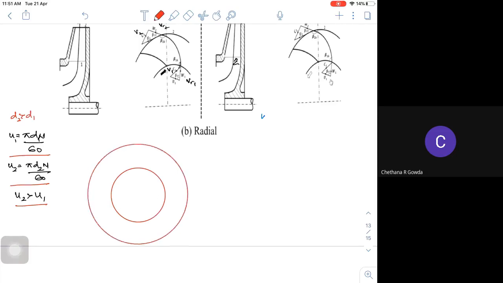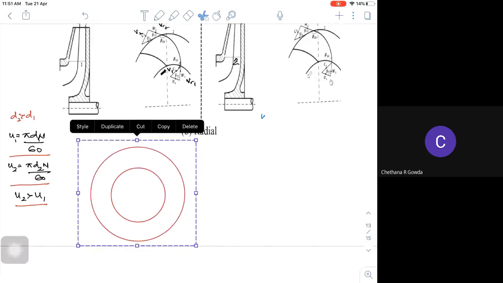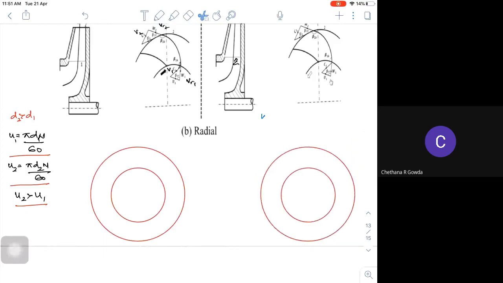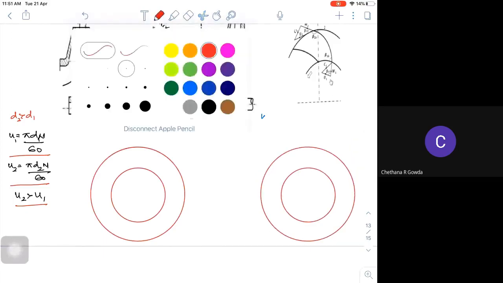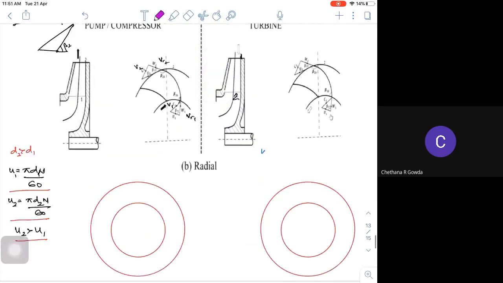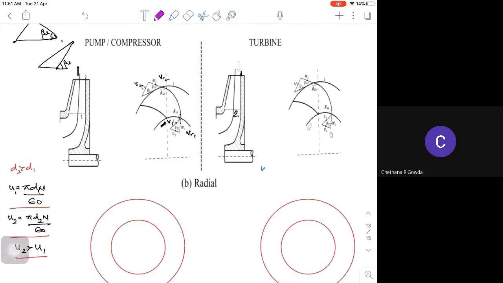So I have hub and tip. Now, as I told, one is the inlet, two is the exit. This is the exit. This is the inlet.